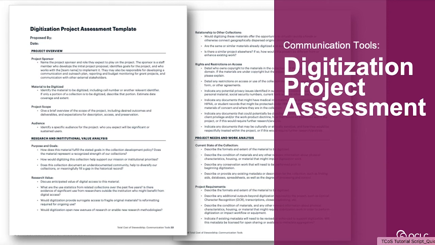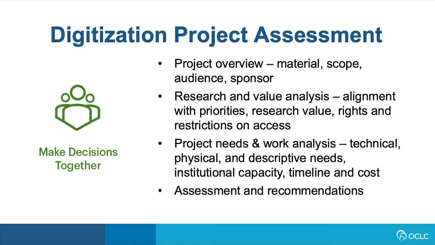An assessment can be used by whatever decision-making body approves and prioritizes digitization projects at your institution, as well as to prepare grant proposals or discuss costs with resource allocators or communicate with collection donors about the resources necessary to digitize their collection.